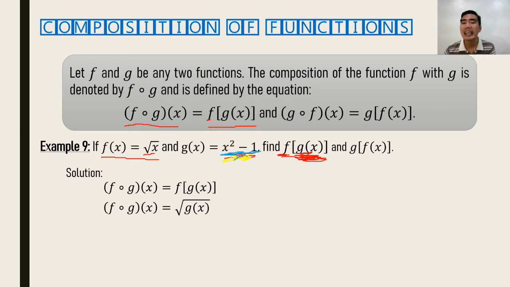Yan ang ibig sabihin. That's why may g of x dyan as the value of our variable x. Kaya may g of x sa ating dito sa square root of x instead. Kaya nalagyan siya ng g of x dahil ang value ng ating variable x is from g of x.